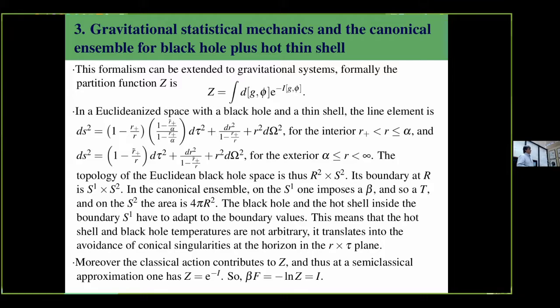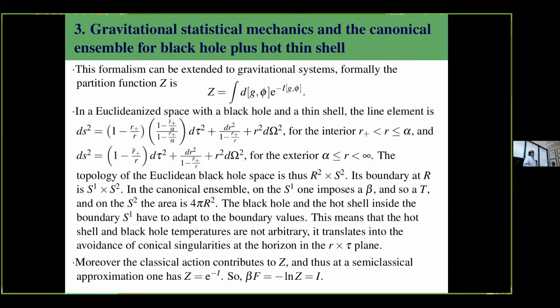Actually, this should be capital R here. And you see you have r and tau, and you have r squared d omega squared, and tau is periodic now.